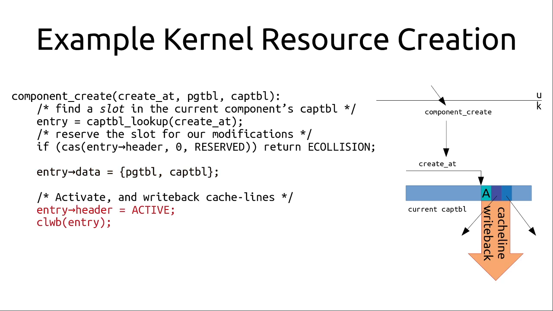And it does that by simply marking it active within its header and then flushing out, or doing a write back of all of the data within that slot. So this effectively means that all of the other nodes will either be able to reserve and use a slot or not access it. Once a slot is prepared and accessible, then it is atomically accessible by all of the nodes. So this kind of brief protocol illustrates how we've modified the system to work within a non-coherent constraint.